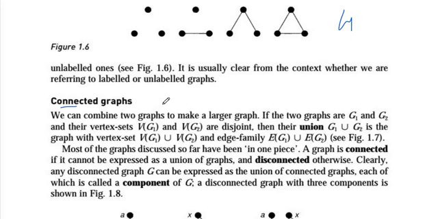Next, connected graph. We can combine 2 graphs to make a larger graph. If 2 graphs G1 and G2 have vertex sets V of G1 and V of G2 that are disjoint, meaning different, then their union, G1 union G2, is the graph with vertex set V of G1 union V of G2.